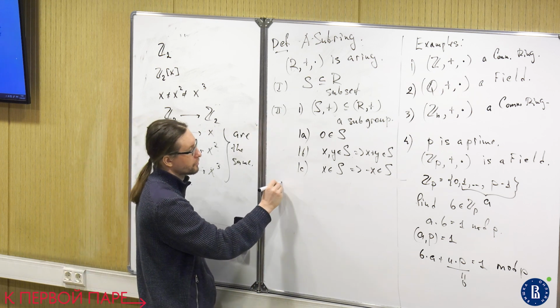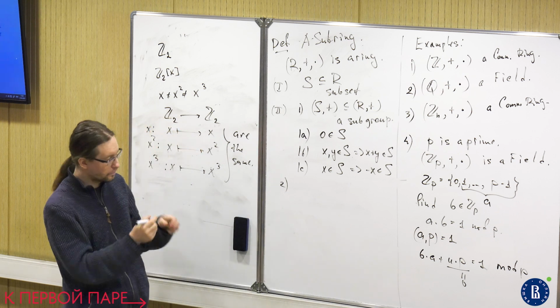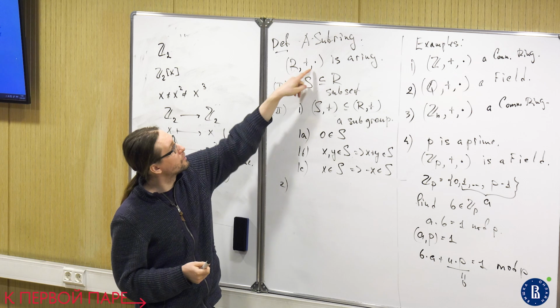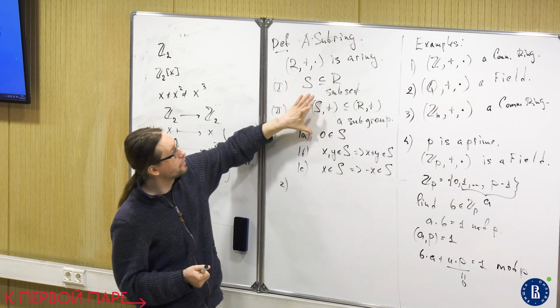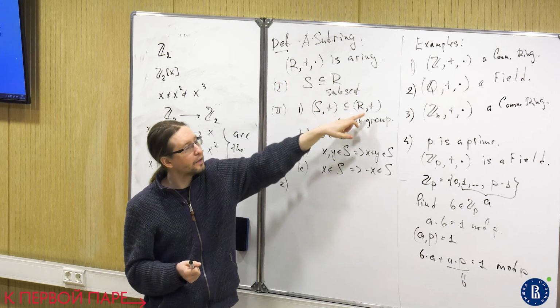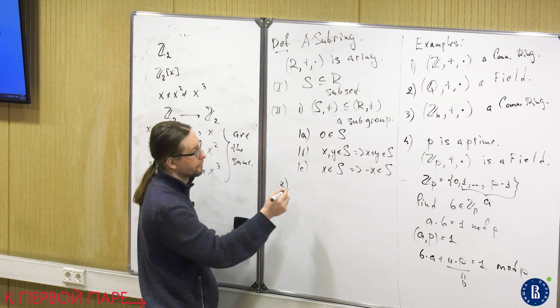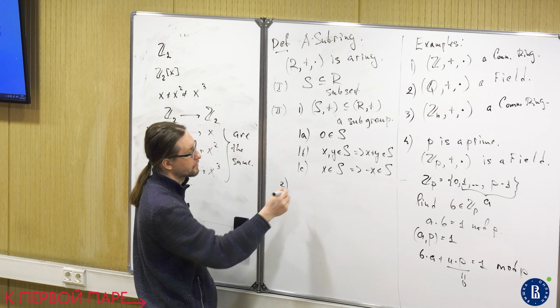Now property number two. As you can see, a ring consists of the set, addition, and multiplication. And here we just used the set and addition. Now we want to use multiplication. We want S to be closed under multiplication.